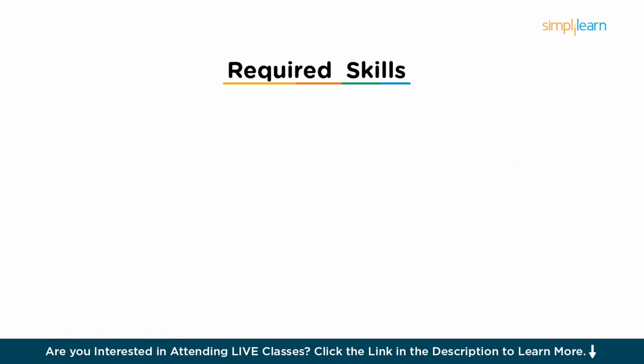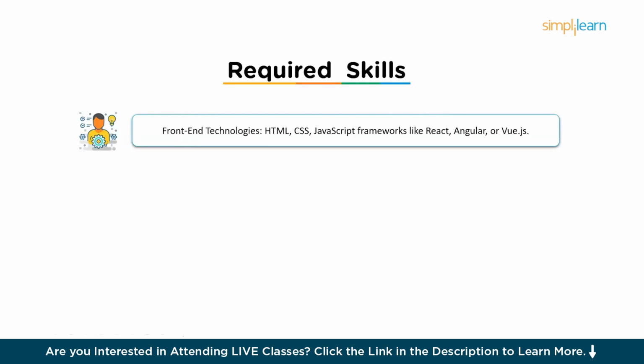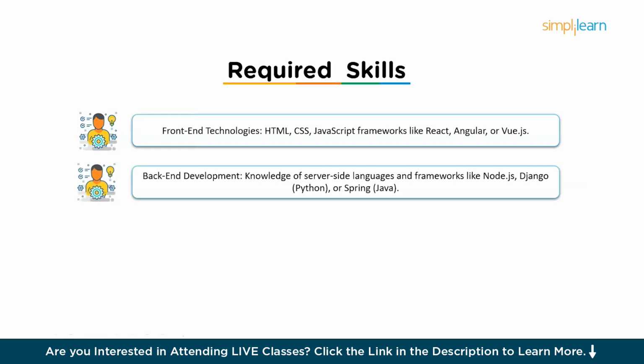To be a strong full stack developer, you should develop skills in front-end technologies, that is HTML, CSS, and JavaScript frameworks like React, Angular or Vue.js. Then we have back-end development, that is knowledge of server-side languages and frameworks like Node.js, Django in Python, or Spring Boot in Java.